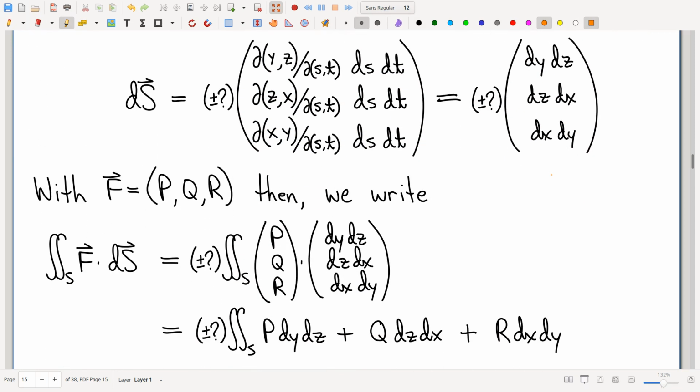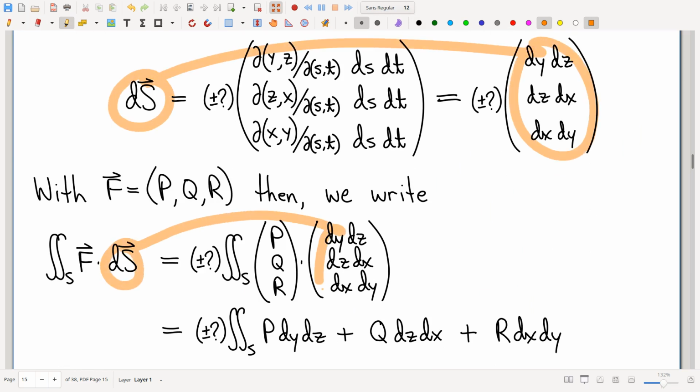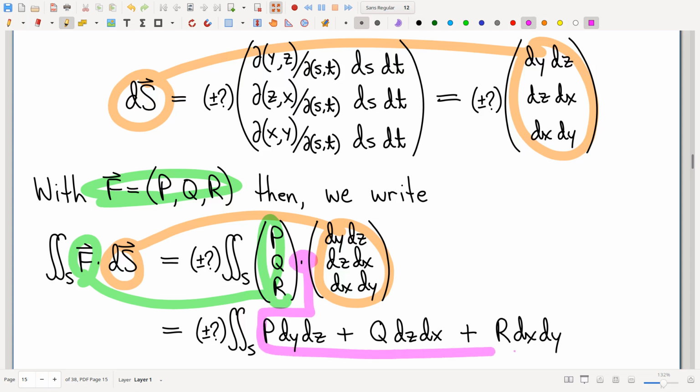And with that in mind, noting that ds can be rewritten like so, and noting that our vector field is going to have coordinates like so, you can just write down this dot product, and that dot product becomes all of that.